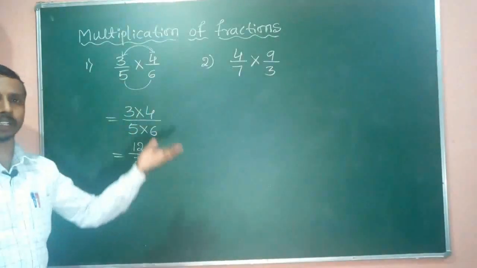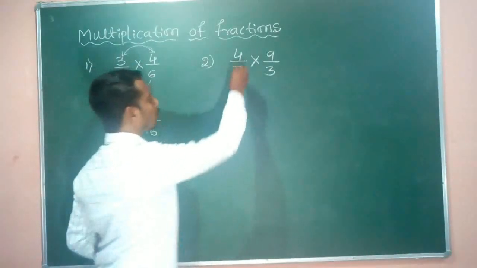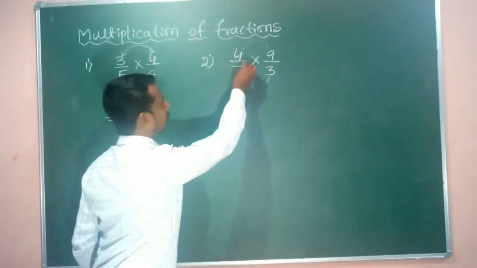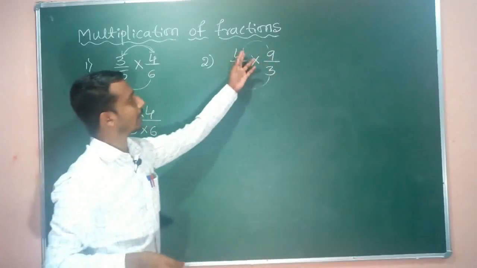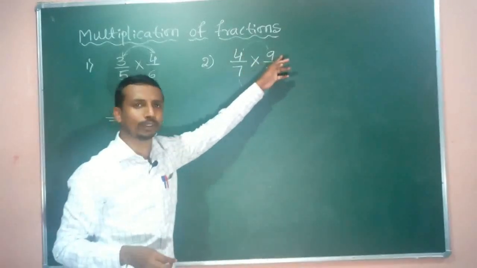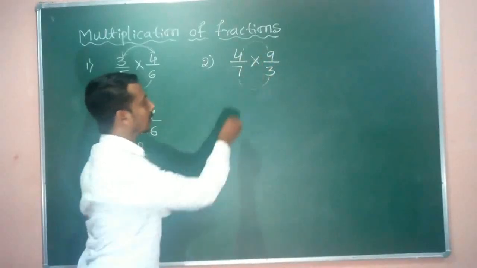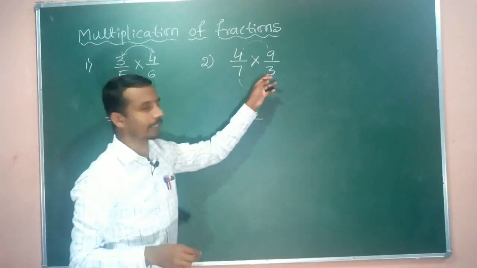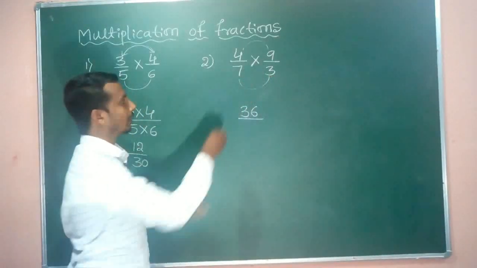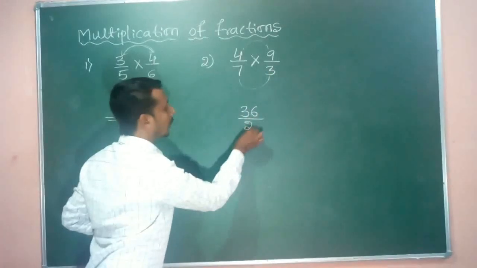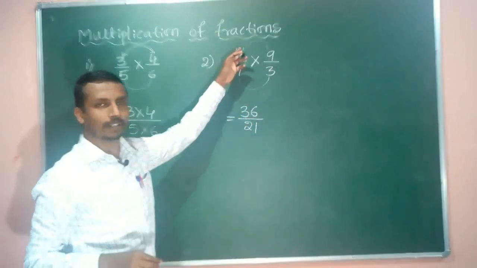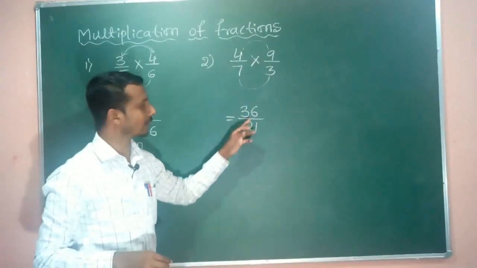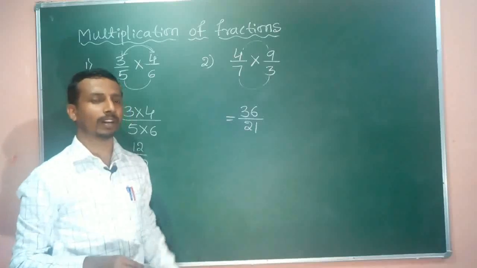Here also we have to use the same method, numerator into numerator, denominator into denominator. 4 nines are 36, divided by 7 threes are 21. Then the multiplication of 4 by 7 and 9 by 3 is 36 by 21, which is the answer.